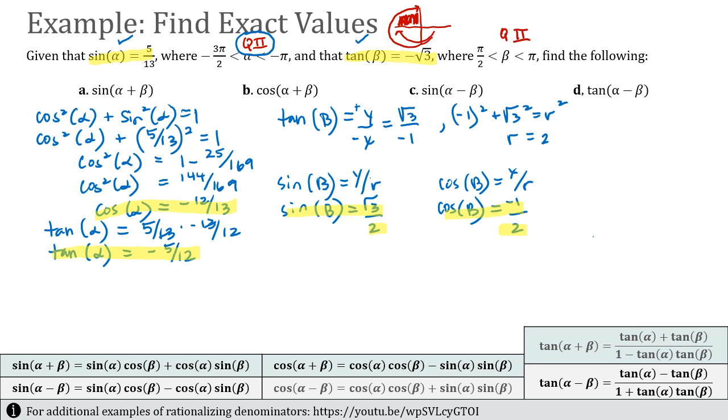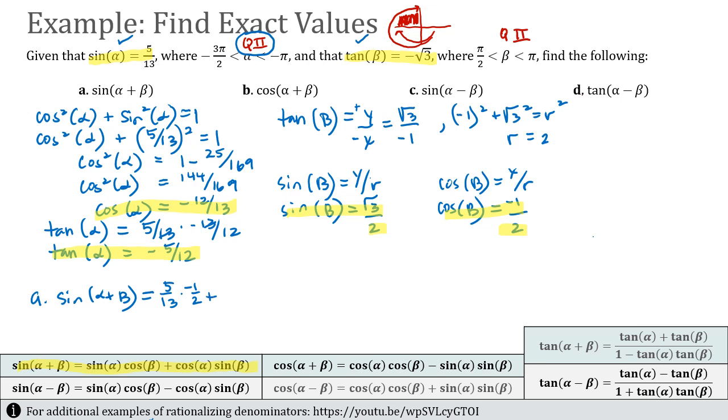So for part A, the sine of alpha plus beta is going to equal, identify the correct identity, the sine of alpha, which is given to us as 5 over 13, multiplied by the cosine of beta, so times negative 1/2.